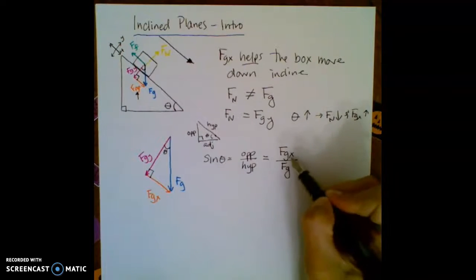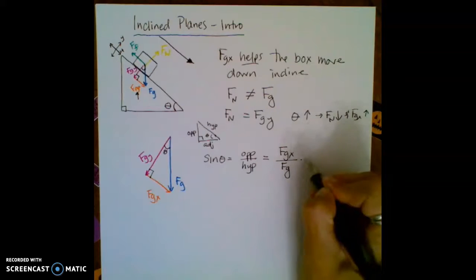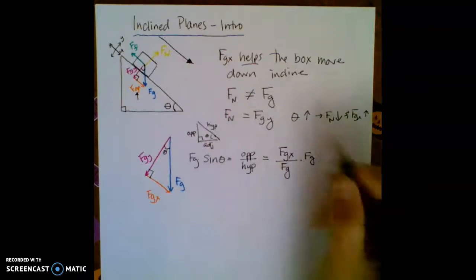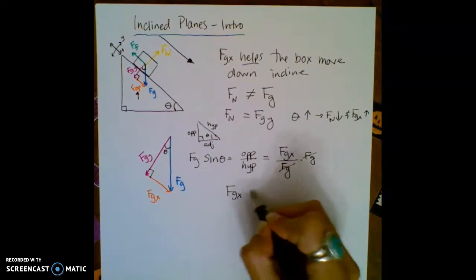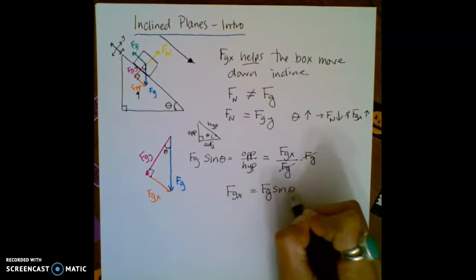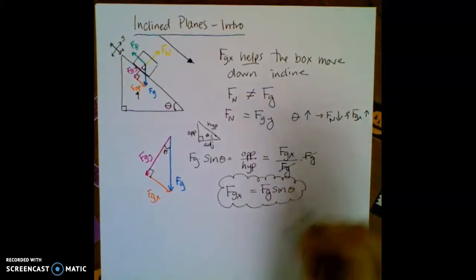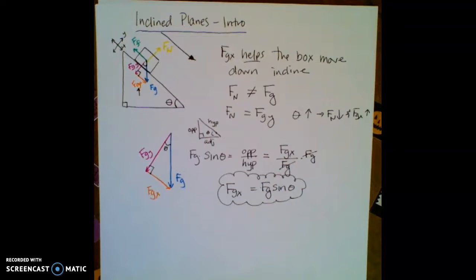Now, if I want to solve for Fgx, I just need to multiply both sides by Fg. And I see that Fgx is equal to Fg times the sine of theta. And that's very helpful. And I can do the same thing for Fgy.